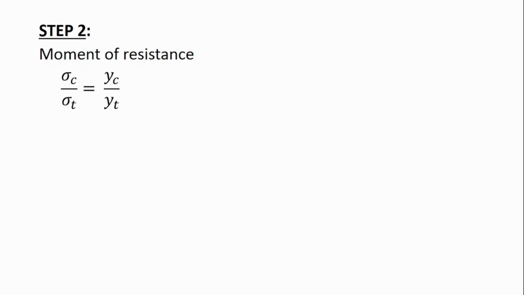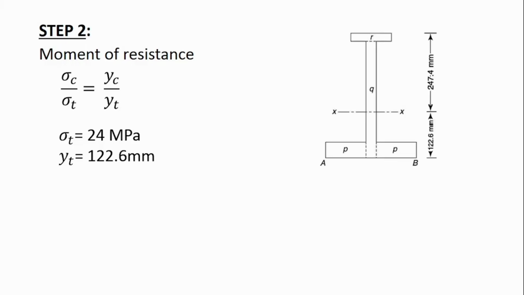Sigma T is 24. Y sub T, which is from the bottom, what we calculated before, is 122.6 millimeter. YC will be the remaining part, which is the whole length minus 122.6, which is 247.4 millimeter.